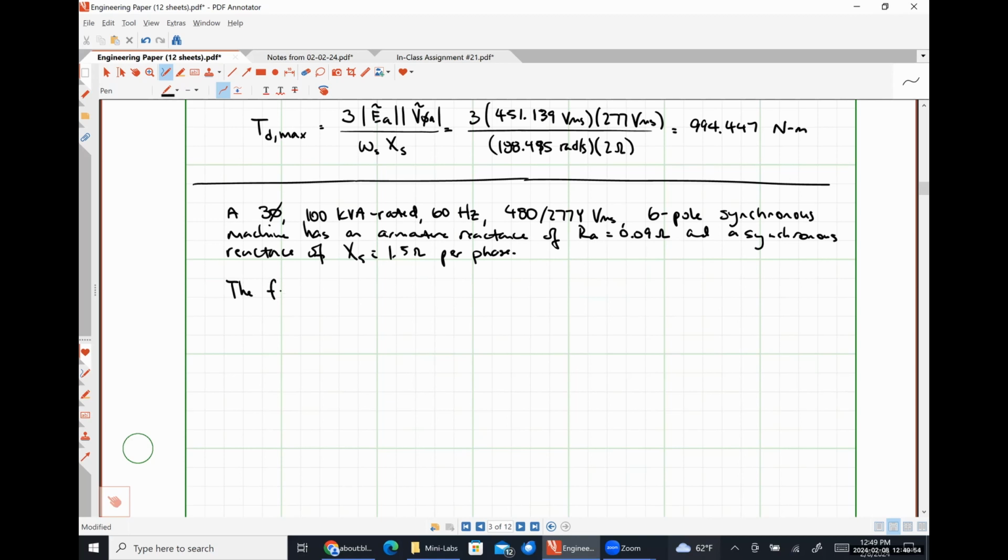The friction and windage losses are 2.46 kilowatts, and the core losses are 1.941 kilowatts.